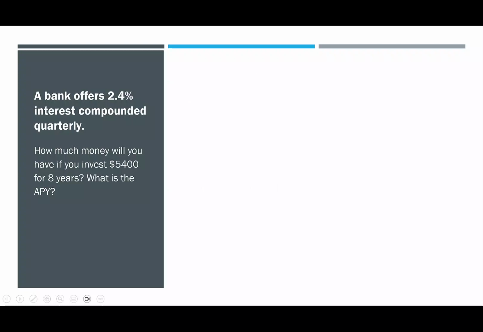Our next example says a bank offers 2.4% interest compounded quarterly. How much money will you have if you invest $5,400 for 8 years? What is the APY? In this example, R is 0.024, N is 4, our principal is $5,400, and our time is 8.